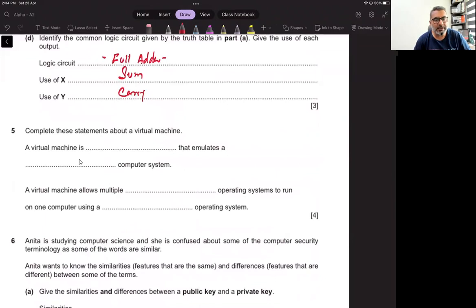Complete these statements about a virtual machine. A virtual machine is dash that enables a dash computer system. A virtual machine is a software that emulates a different computer system.